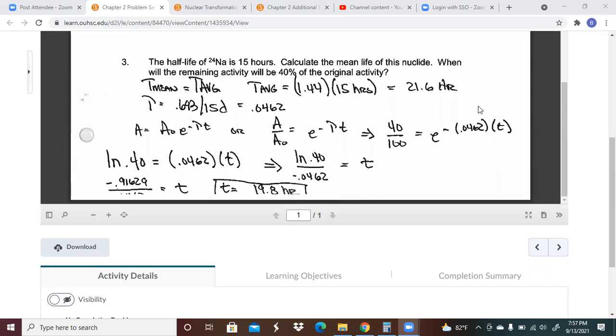When we do this, the exponent becomes a coefficient, and the natural log of E is 1, which is one of the reasons why we took the natural log. So we got the natural log of 0.4 is equal to this. There should be a negative here in the front. When you do that and you divide both sides here, you can determine what the natural log of 0.4 is. You're going to divide it by 0.462, and you end up with 19.8 hours.